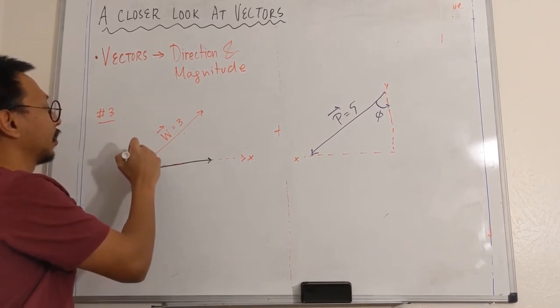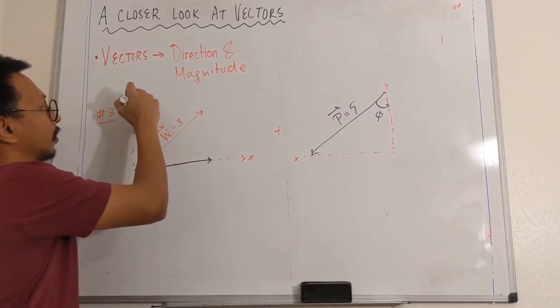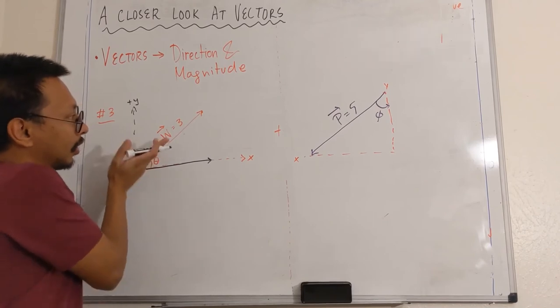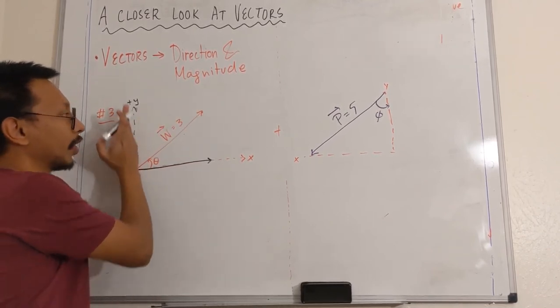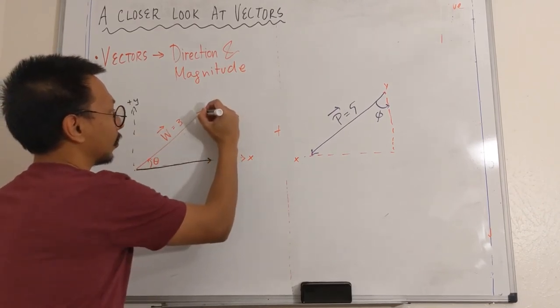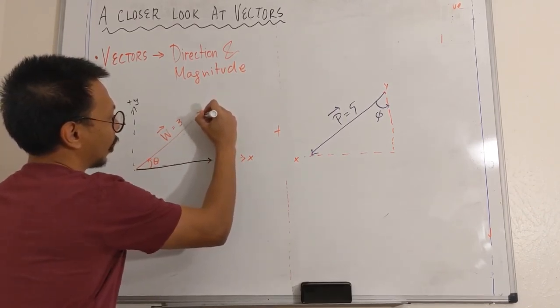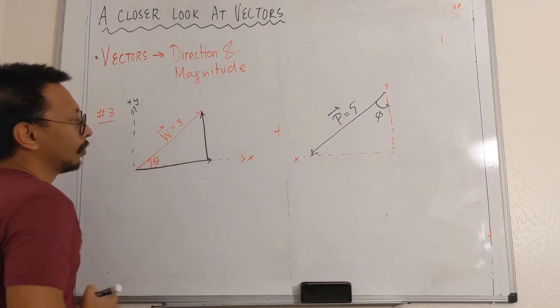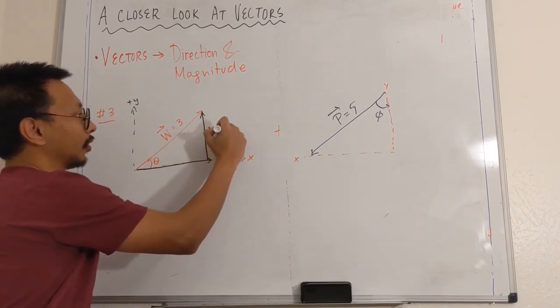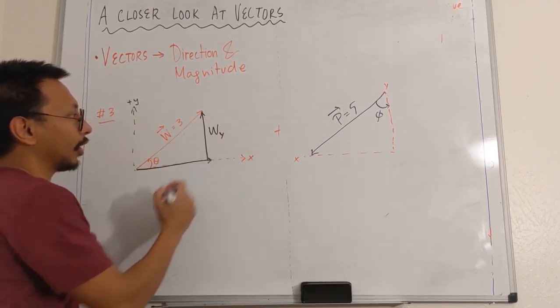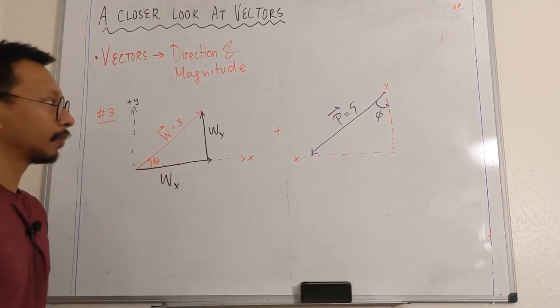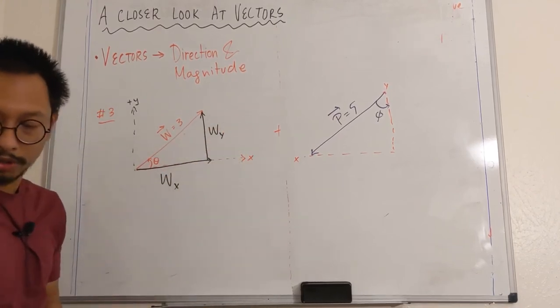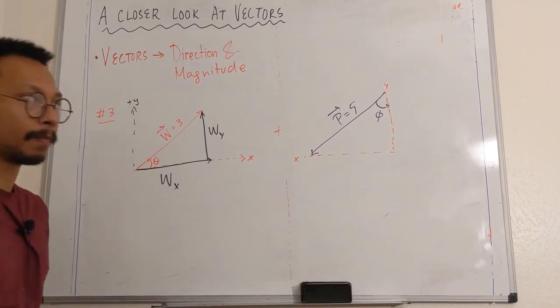And if this is my positive y direction, and since the vector is going up, vertically increasing, the y component of W will also be pointing up. We will denote the y component to be Wy and the x component to be Wx. Let's see what we can do for P.